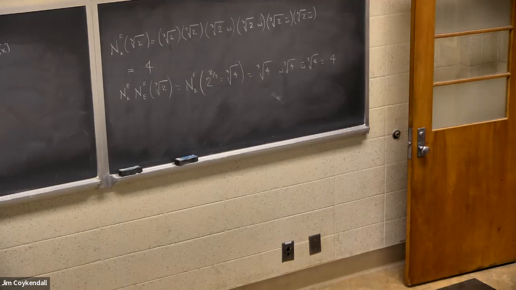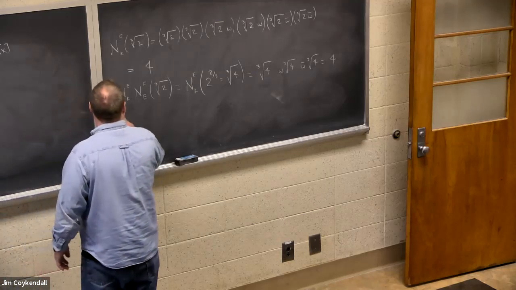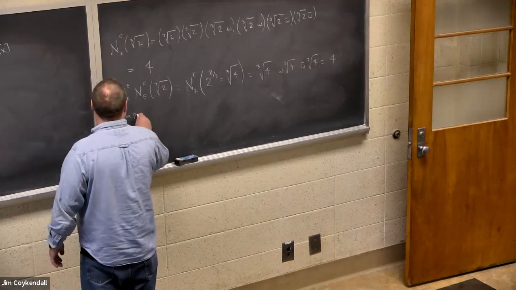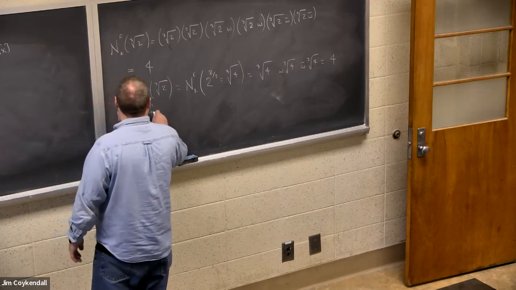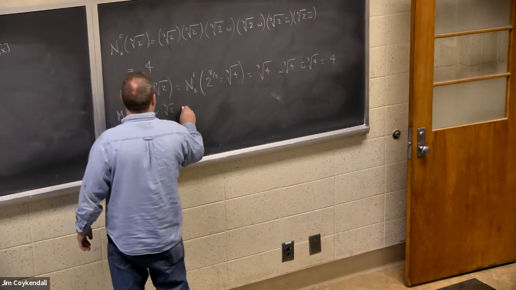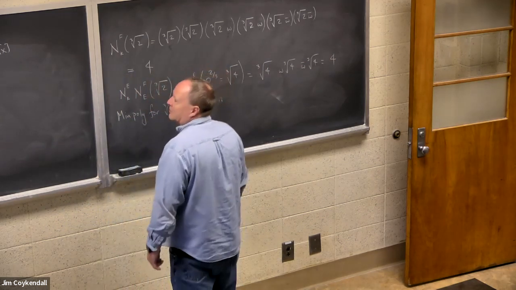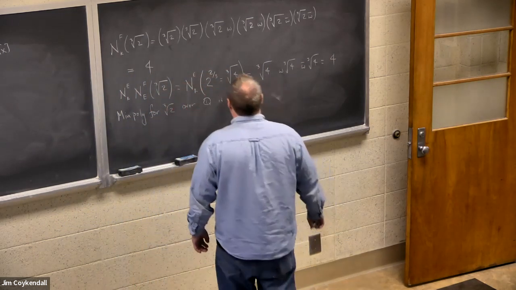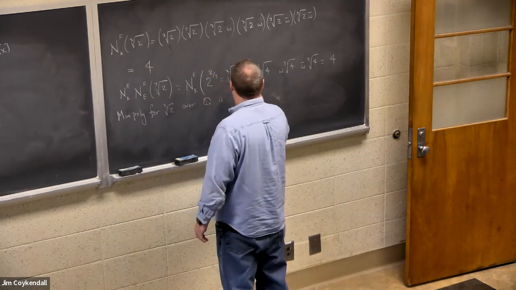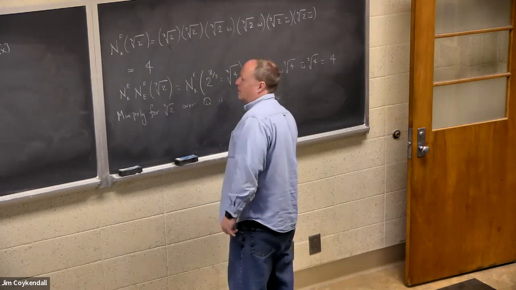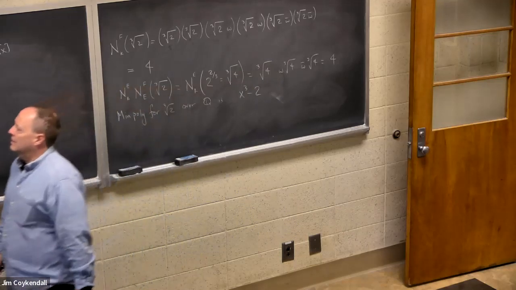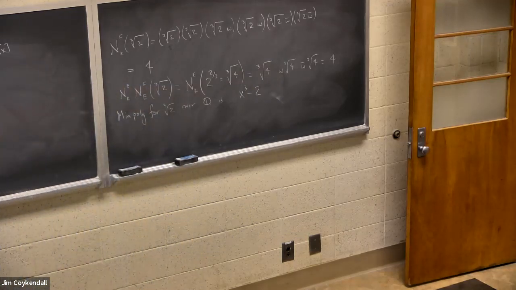And the minimum polynomial for the cube root of 2 over Q is x cubed minus 2. And let's see if we can get a match here.